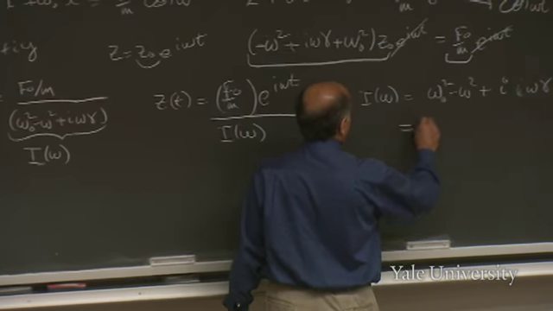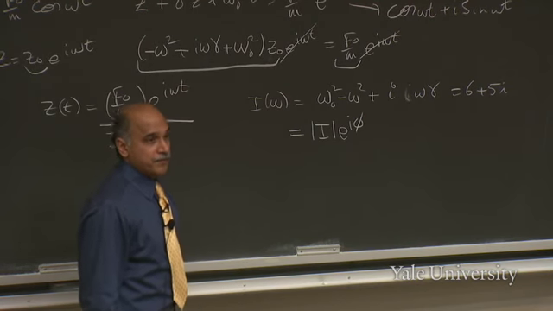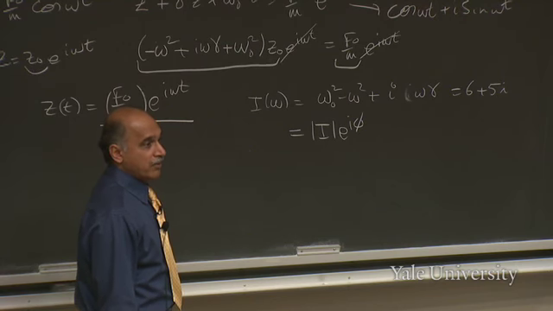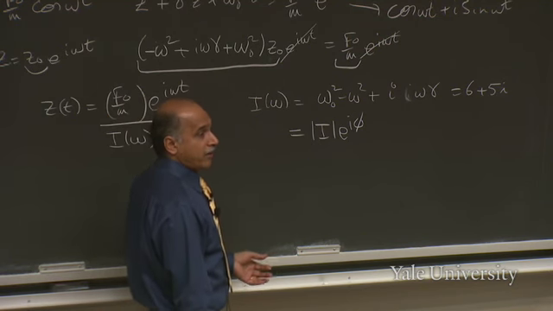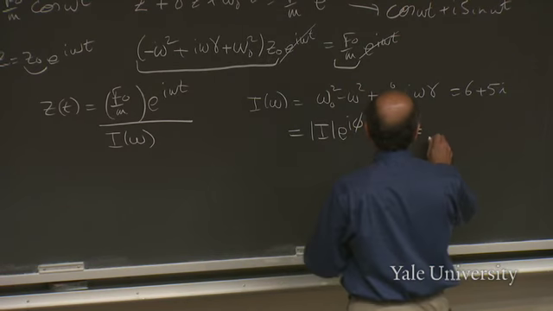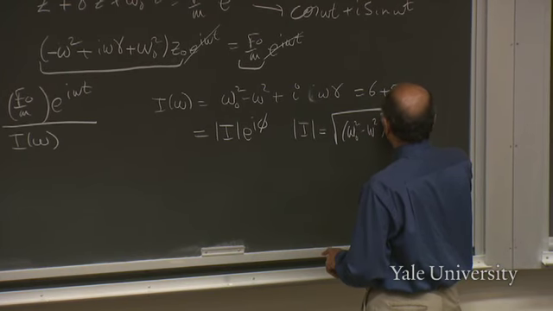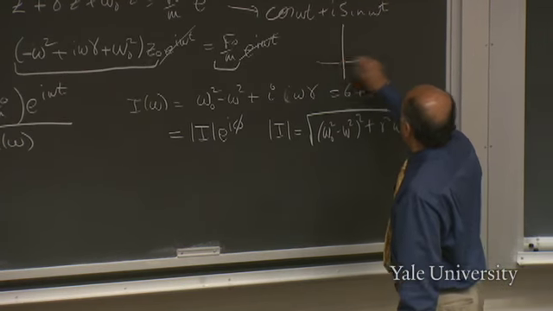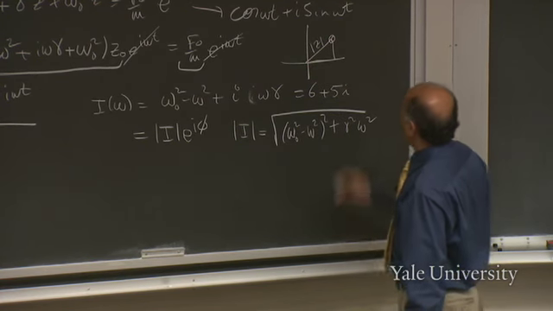Every complex number we know can be written as an absolute value times e to the i phi. Every z looks like mod z e to the i theta, because then it's mod z cos theta, which is x, plus i times mod z sine theta, which is iy. So every complex number can be written that way. And what will be the magnitude of this? Well, by the Pythagoras theorem, it will be the square of the real part plus the square of the imaginary part, under root.